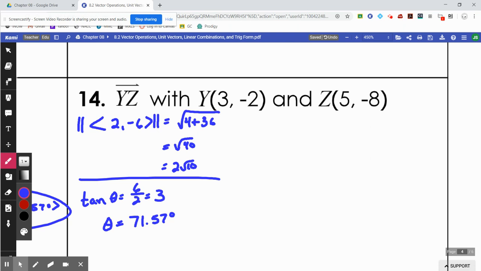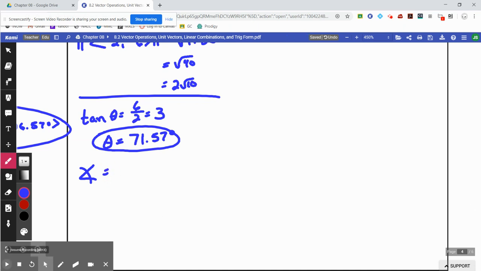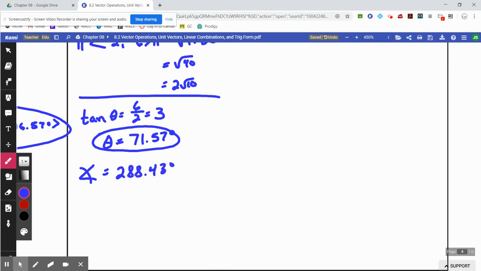That'll be right and down. That'll be a fourth quadrant angle. So what we've got to do is find a fourth quadrant directional angle that has this reference angle. So do 360 minus that, and you're going to get a directional angle of 288.43. So there is my actual angle that we're traveling in.